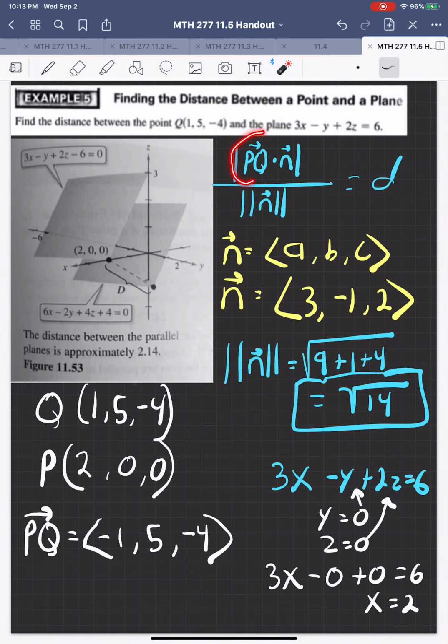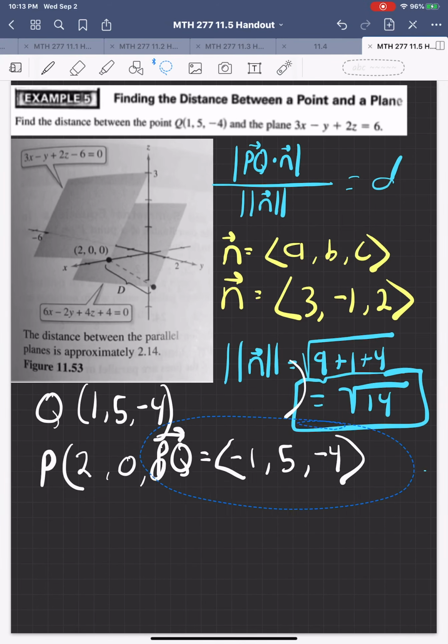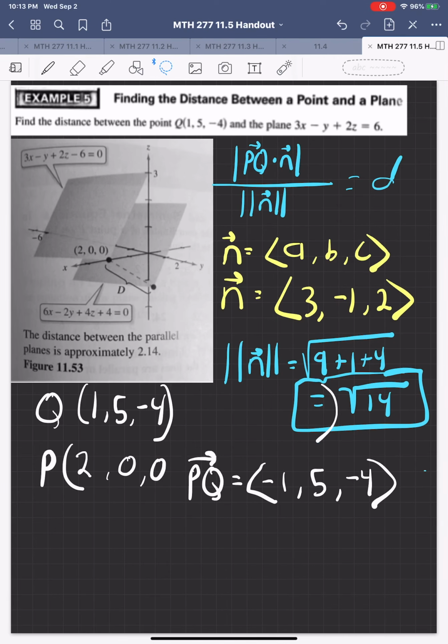You got your vector P to Q, you got your vector n, you got the magnitude of vector n. The only thing left to do is to take the dot product of these, but you just plug everything in. All right. And let's finish it up.